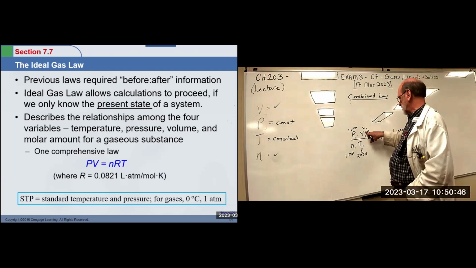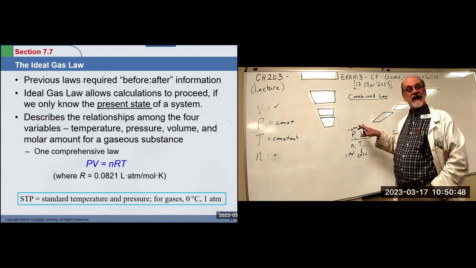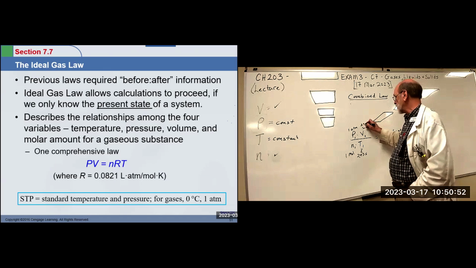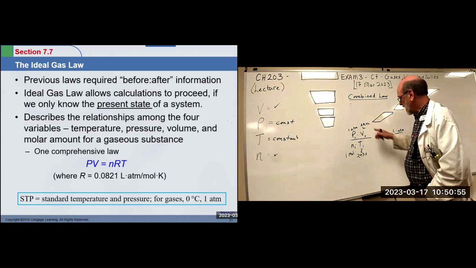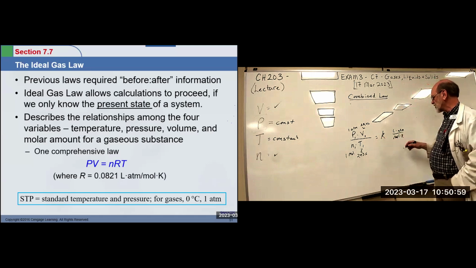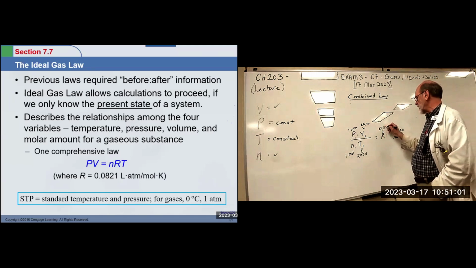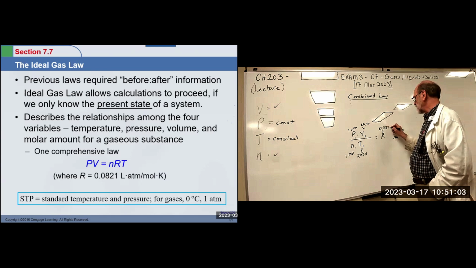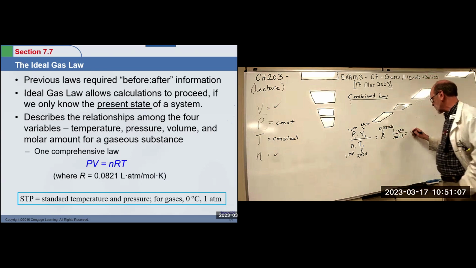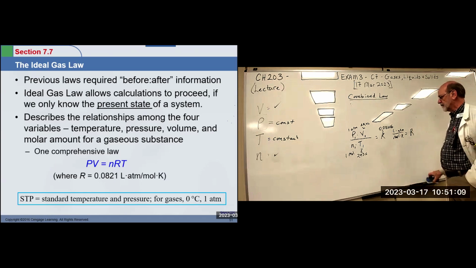Then what's the volume? Well, we have to measure the volume. And the volume turns out to be 22.4 liters. If we have all those values in there now, we can calculate this value to be 0.08206 liter atmospheres per mole K. And this is given a special symbol, R.